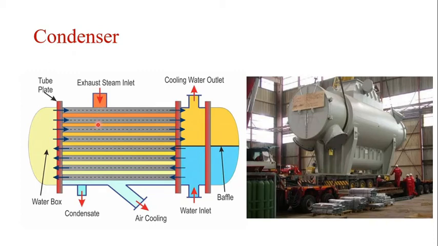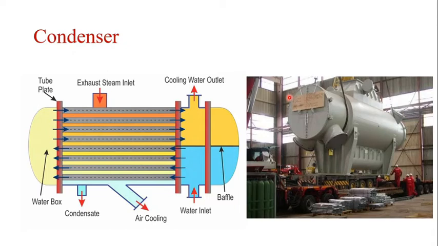In the presence of the tubes which contain cooled water, the exhaust steam is condensed and converted into water, which can be extracted from this outlet valve. With this water, the remaining part of exhaust steam is taken out to the stack, as well as the cooling water is extracted from this outlet.